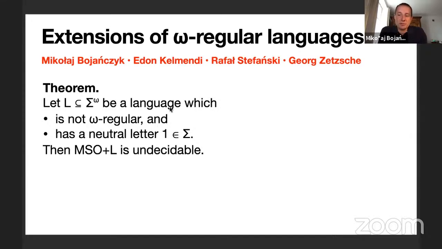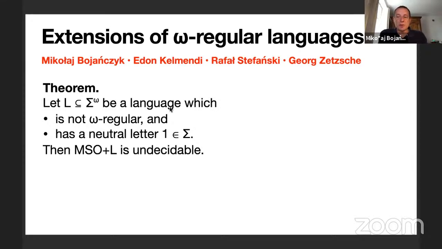Under these assumptions, if you extend MSO with this language, I can explain how, then the resulting logic is undecidable. So it means that you cannot go beyond MSO under the assumption of neutral letters and still be decidable. That's the political interpretation.